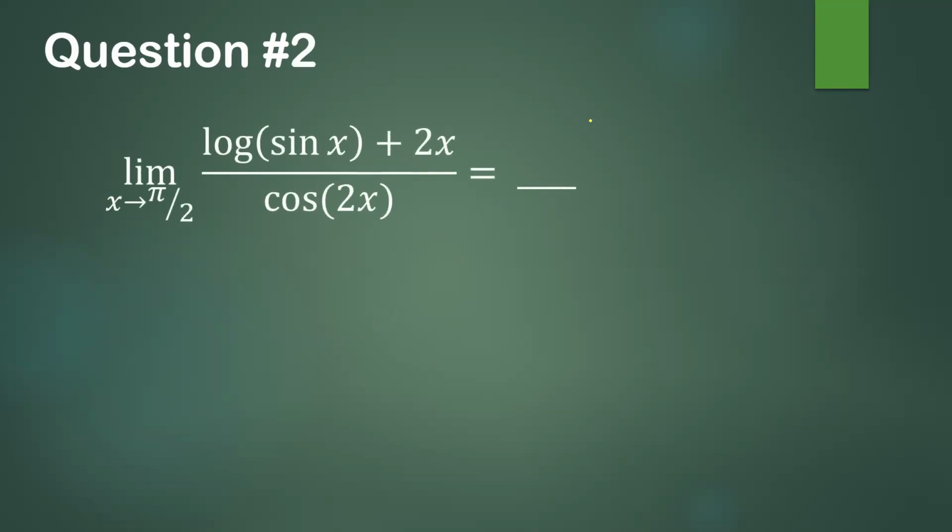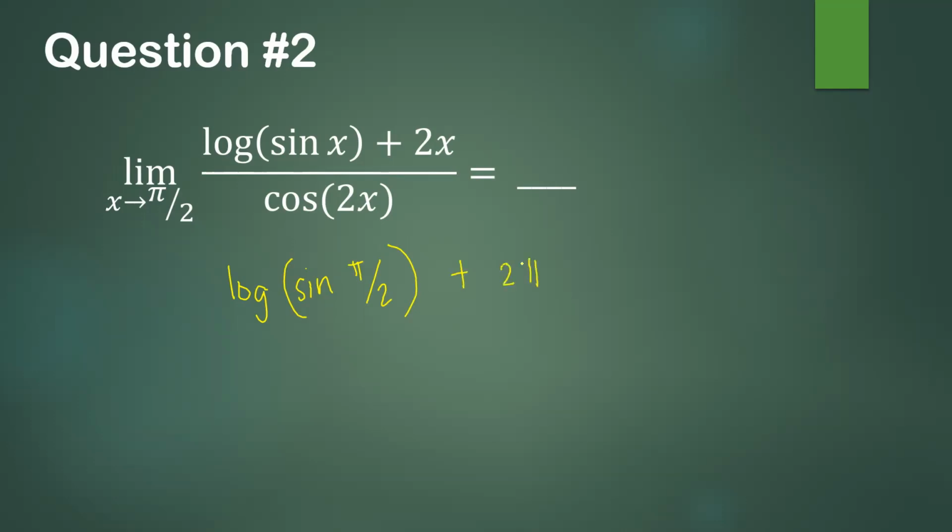What is the limit as x approaches pi over 2 of log of sine x plus 2x all over cosine of 2x? Okay, fast forwarding our timer, we have log of sine pi over 2. We're substituting pi over 2 to our x variable.